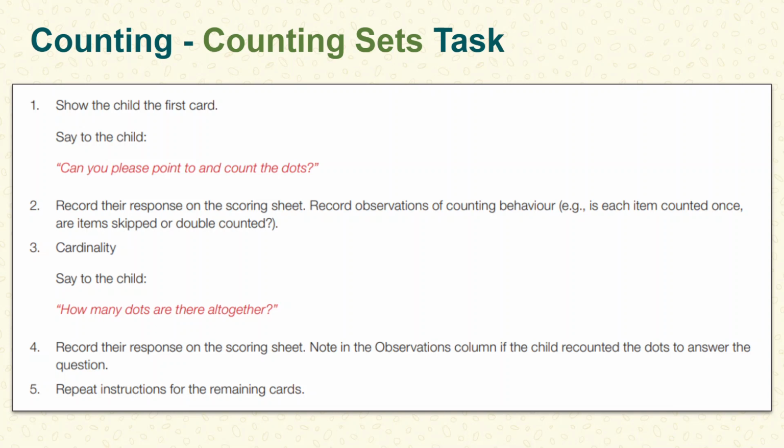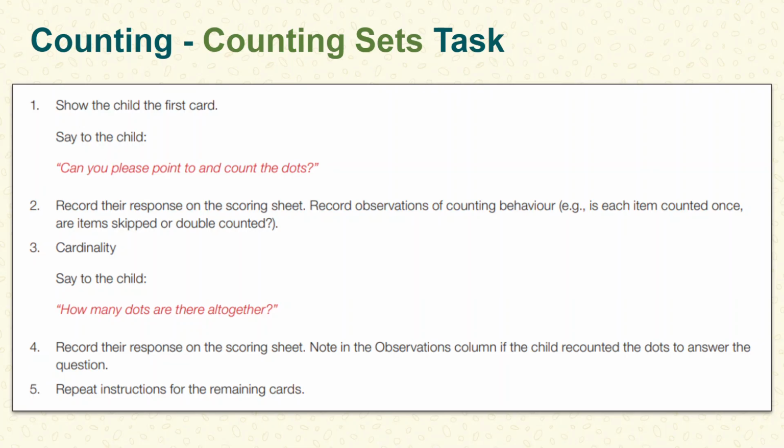You will record their responses on the scoring sheet along with some observations of their counting behavior if applicable. So, for example, are they remembering to count each item only once? Do they skip dots? Do they count a dot more than once?